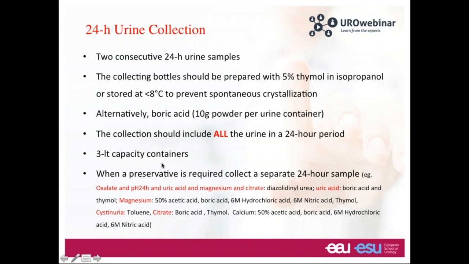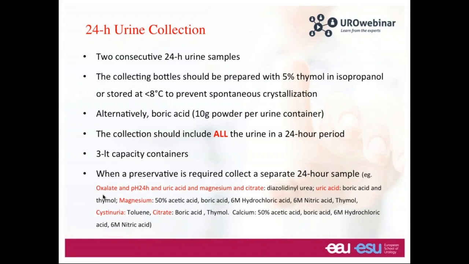If a preservative is used for a specific analysis, then you may have to collect it on a separate 24-hour urine sample. And if you have to add acetic acid for measuring the magnesium, then you may not be able to correctly measure oxalate. So you need to discuss very thoroughly with the lab.